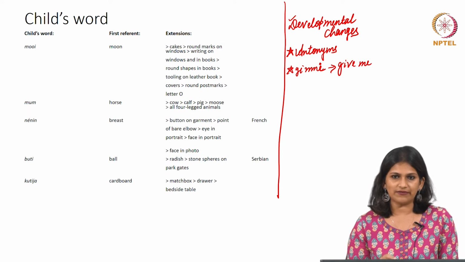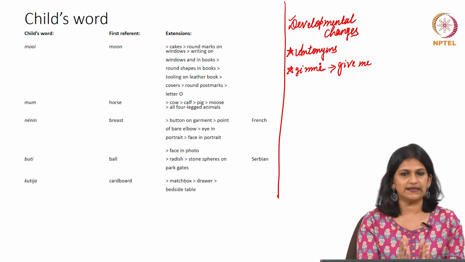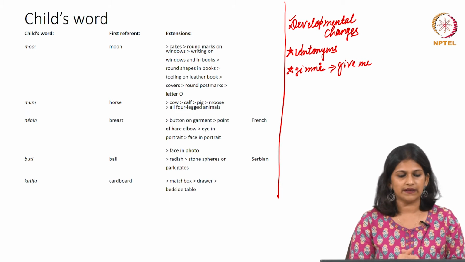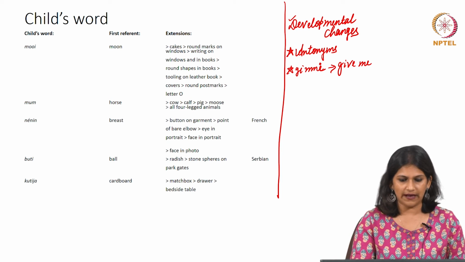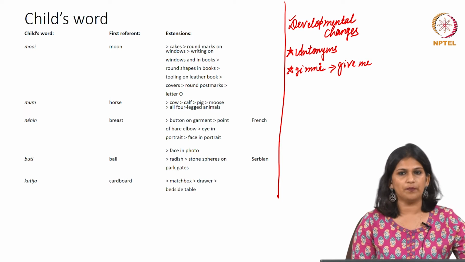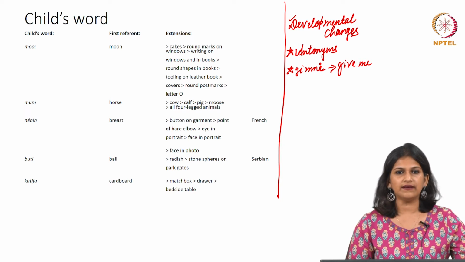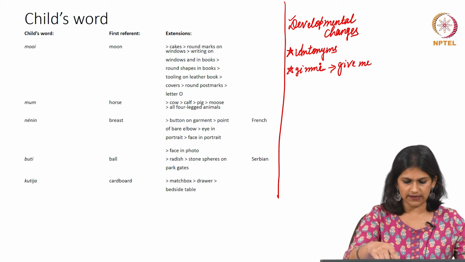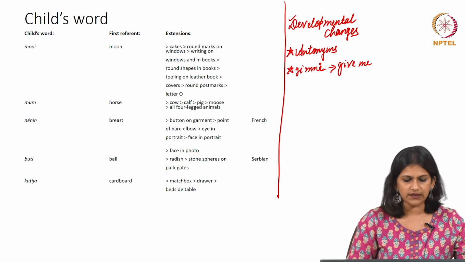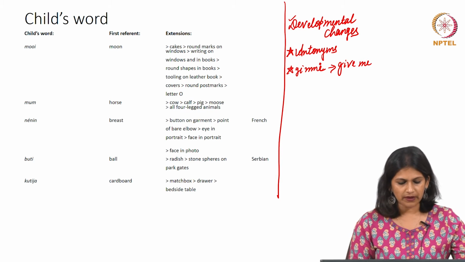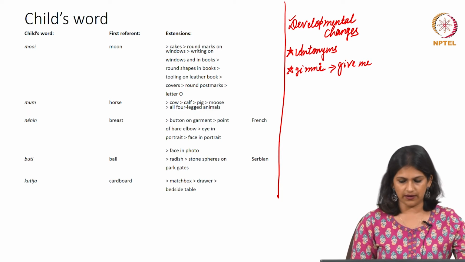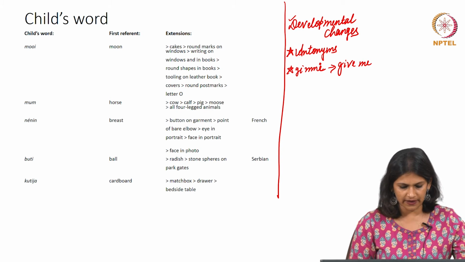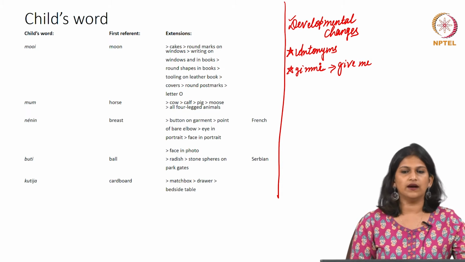So, the first referent and their extensions, there is a list given over here. Now let us look at the first example that we have. Here is the child's word. Here are some examples from English, French and Serbian. The examples for moon and horse are for English, breast and ball are for French, and ball and cardboard are for Serbian.